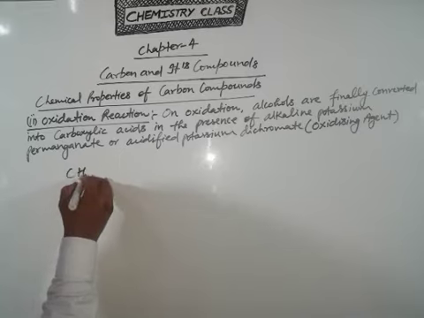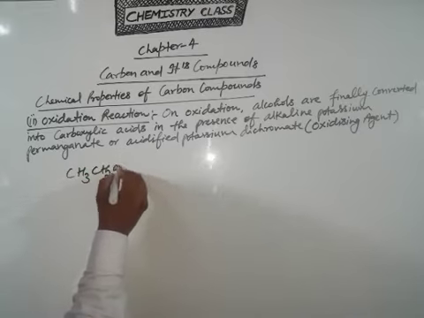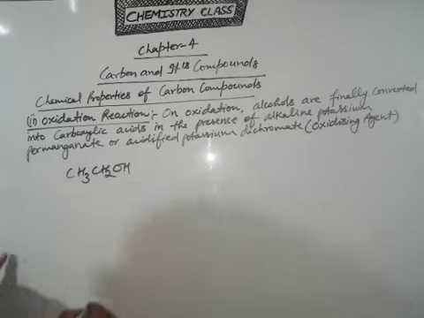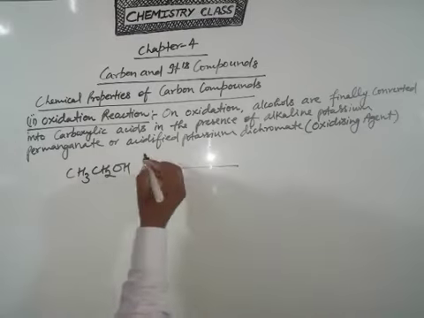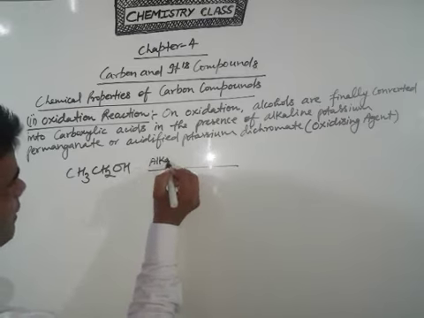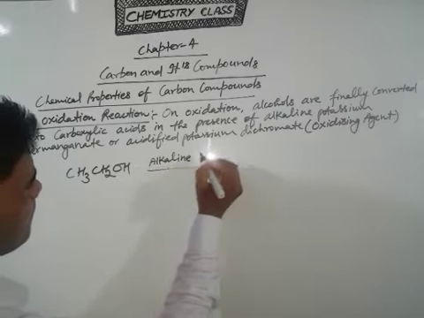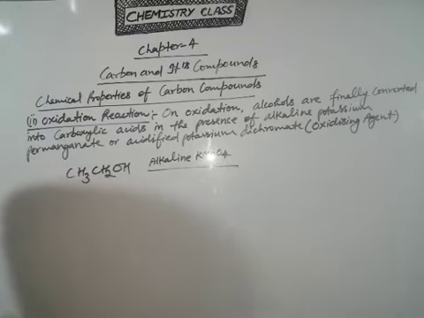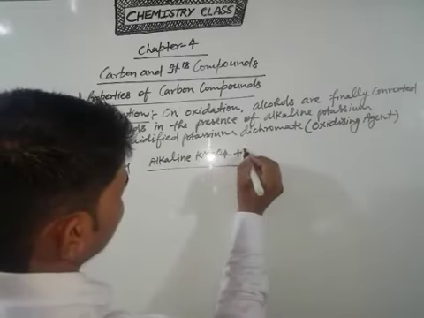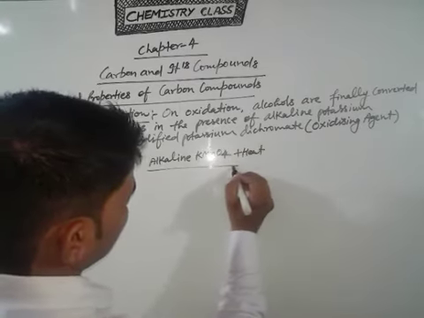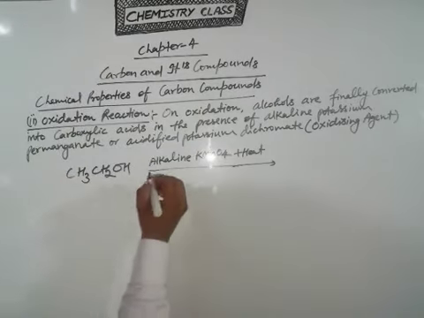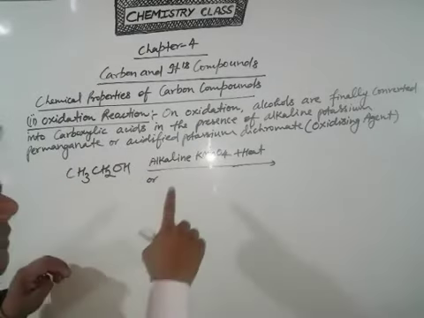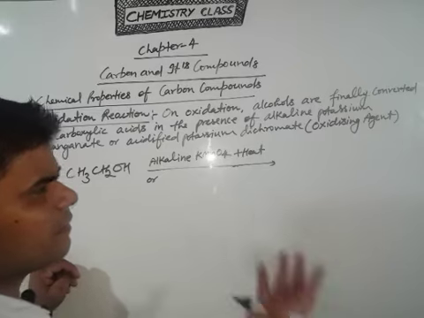I am taking the example here, alcohol CH3CH2OH. This is the alcohol derivative. The first condition is alkaline potassium permanganate, whose formula is KMnO4. Clear? And some heat is also required for this reaction. If you write alkaline KMnO4, heat, that's enough.